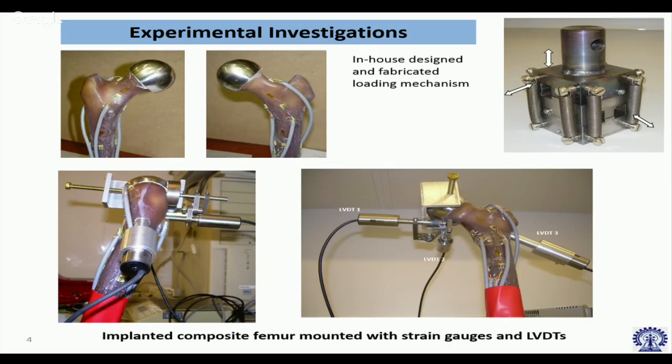Now we have performed several experimental investigations in our laboratory to validate our finite element model. Again, we have employed composite bones, which are analog bone models of the femur. These analog models, or composite femurs, are representative, not an actual femur, not a cadaveric femur.